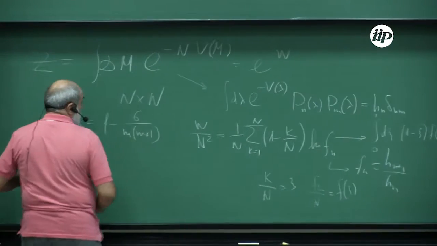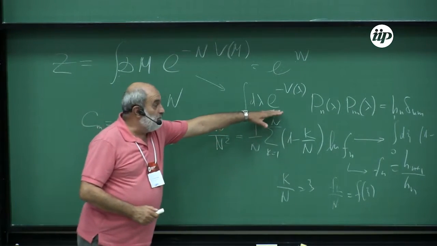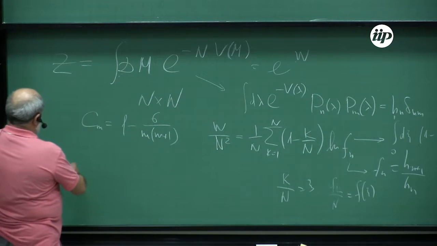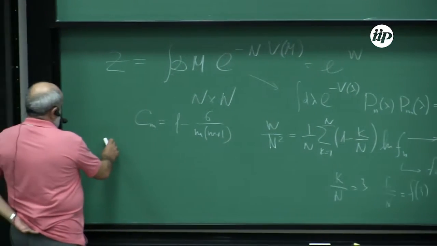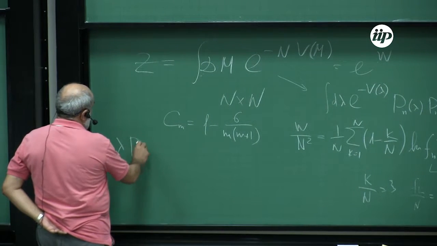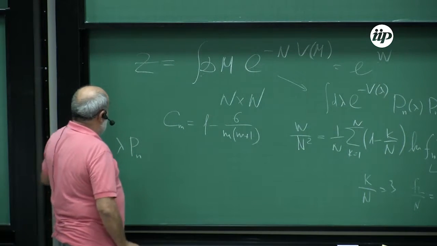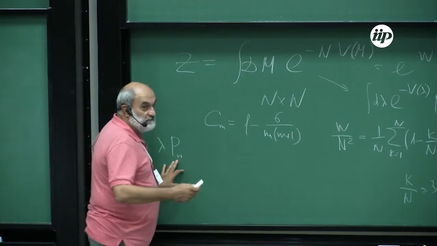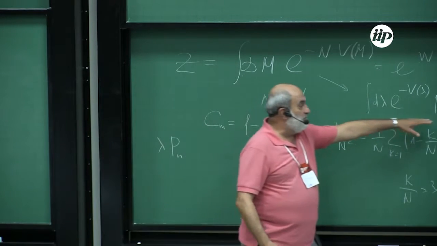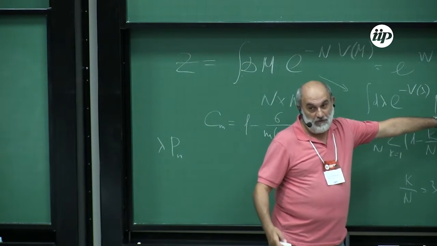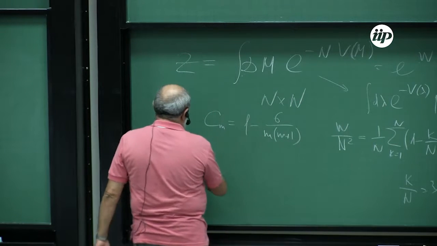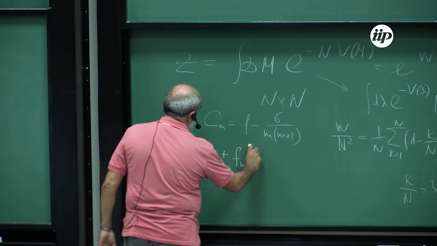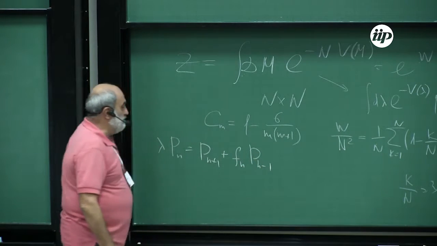Then further, using some trivial properties of orthogonal polynomials, like lambda times P_n: if you multiply lambda by a polynomial, you get another polynomial, and you can expand it by a full set of basis elements as polynomials, and therefore, for this case, it is this simple property.